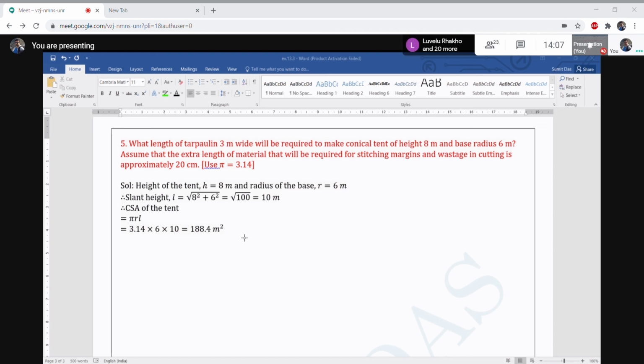because from the tarpaulin we are making this one. If you want a diagram, I'm showing you one. Just give me 1 minute. 3 meter.